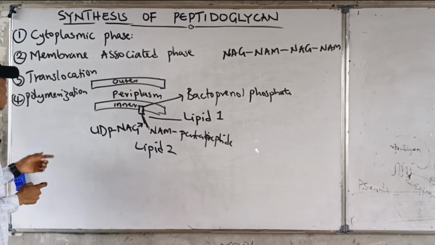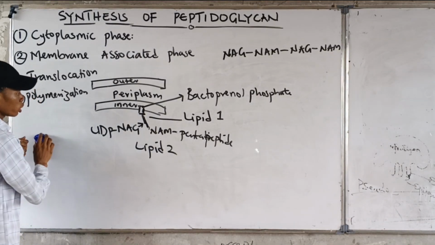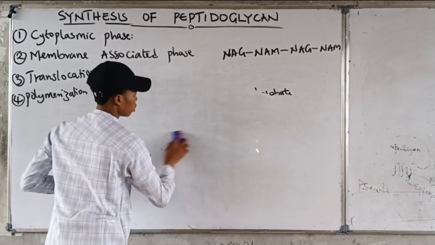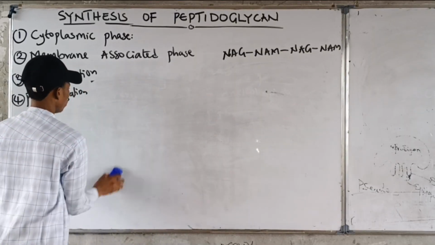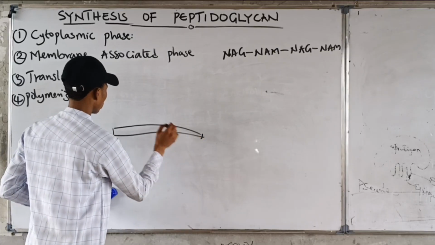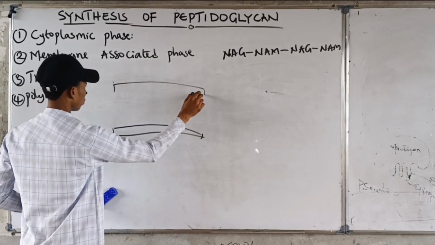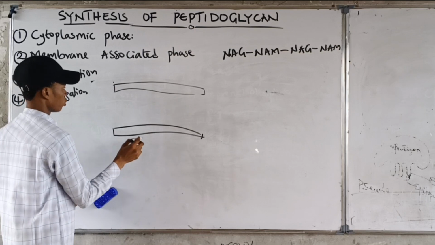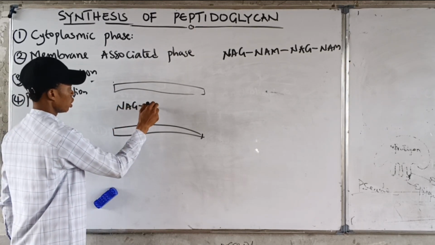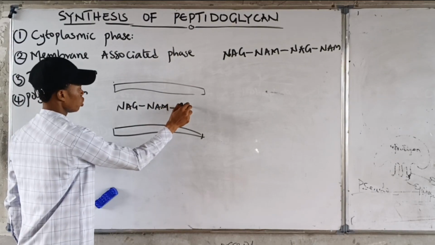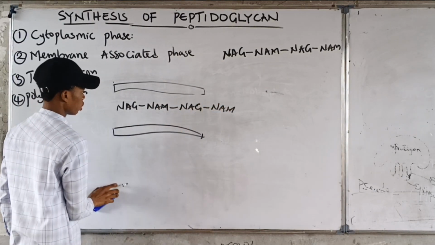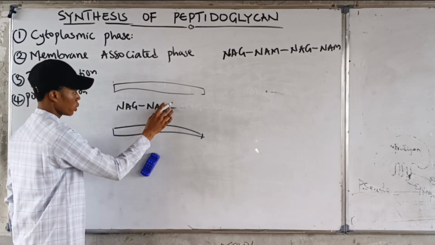So if we've synthesized this now, remember at this point, what we have here is NAG, NAM, NAG, NAM, just like that. Okay, we just have one of it here, right?